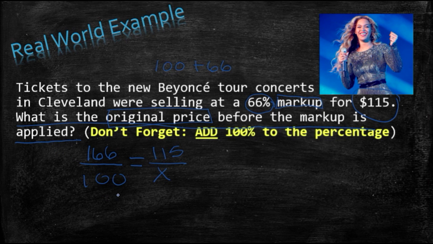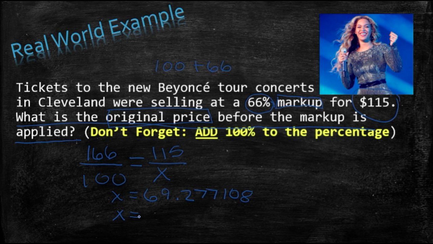You would have had x equals 69.277108. But when we go to the store, they don't say, okay, that'll be $69 and 0.277108. So we know that we have to round this.